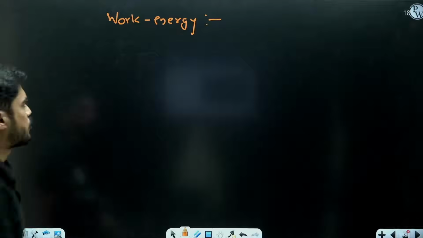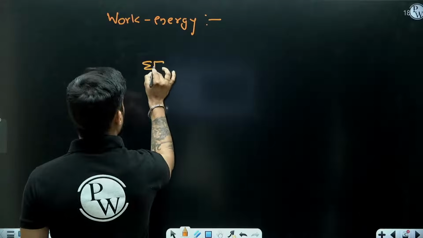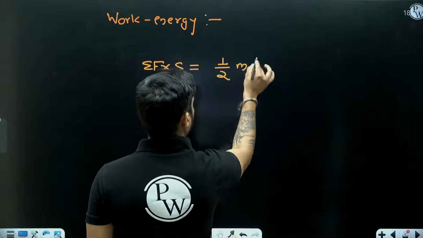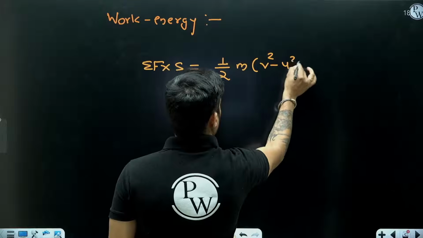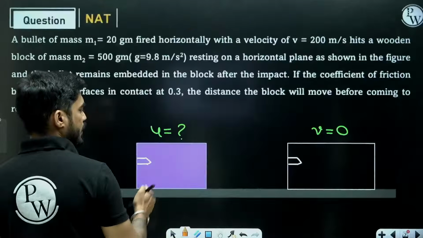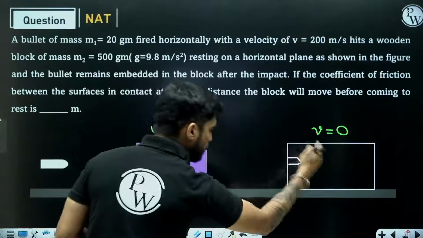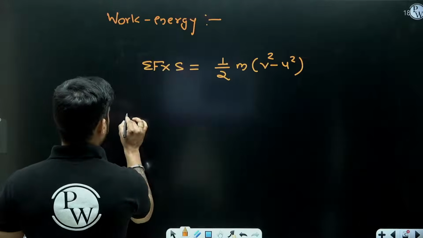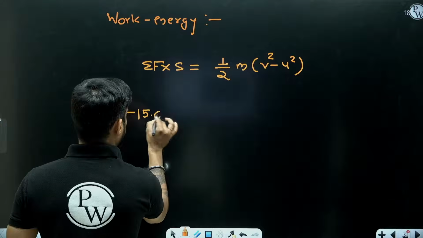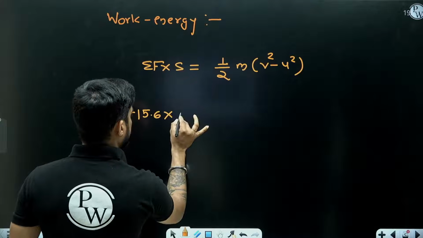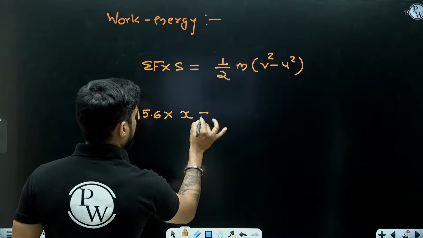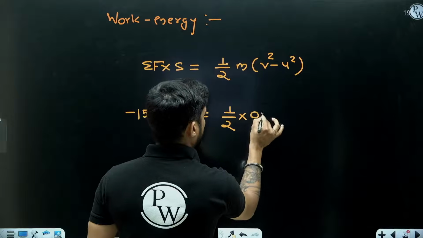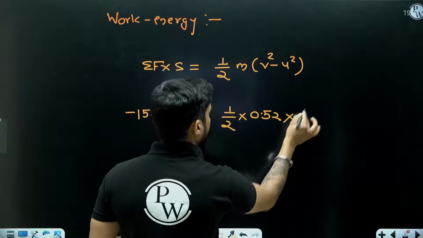Work done equals change in kinetic energy. So from 7.69 meter per second to 0 velocity, what is the work done? Net force is minus 15.6 into, let's say this distance is x, which we are calculating. Total mass is 0.52 kg.